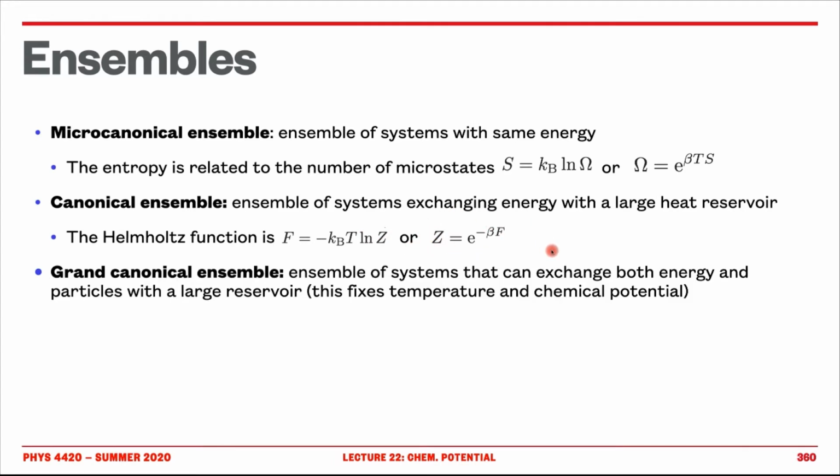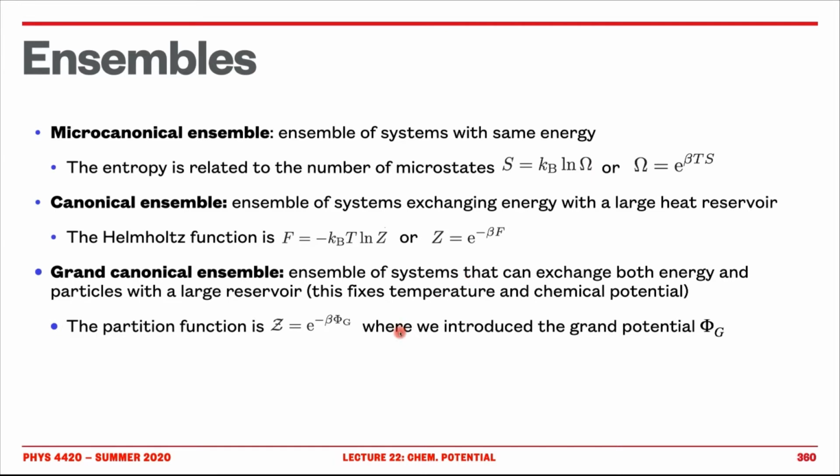And finally, we've just seen the grand canonical ensemble, which are systems very similar to the canonical ensemble, but the system can also exchange particles with a large reservoir. And so clearly we need to introduce another function to mimic what we've done for the other ensembles.